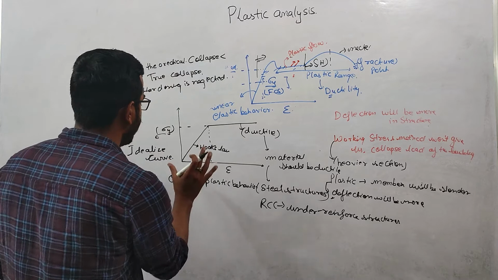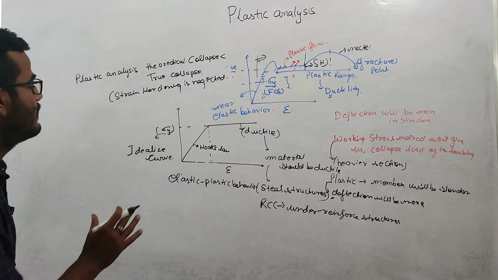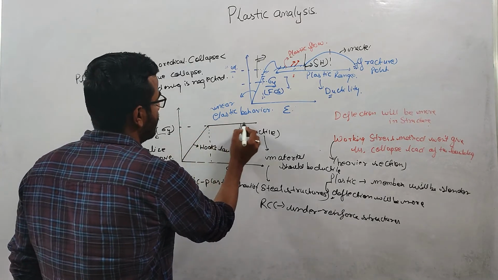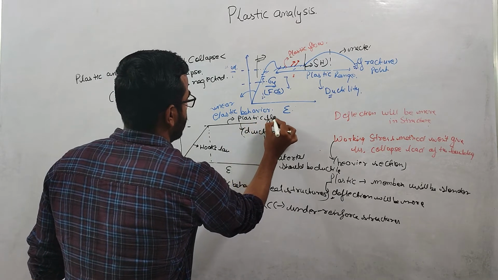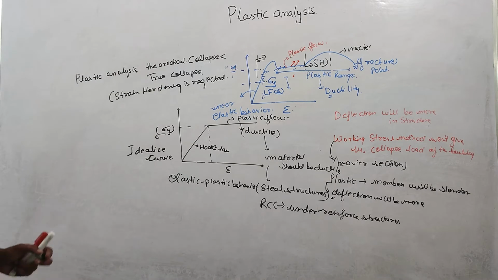This is the theoretical curve only, right? On this basis we will do our analysis. After crossing the yielding, we will have this plastic flow. So this is a little bit of an idea of how the material responds in plastic analysis, right?